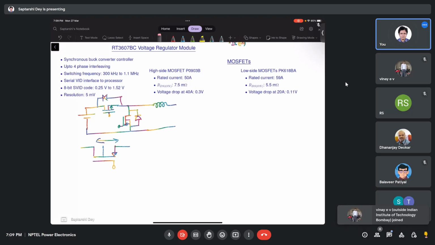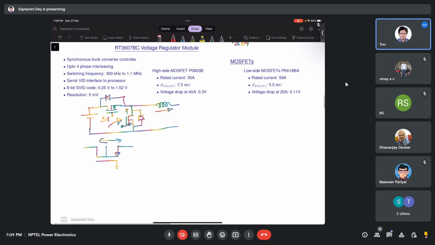So if you look at this MOSFET, when the switch S1 is turned off, the current that was flowing will go through this MOSFET upward, in this way. That is the objective of using a synchronous buck converter: to supply a very large amount of current with a small drop in voltage.